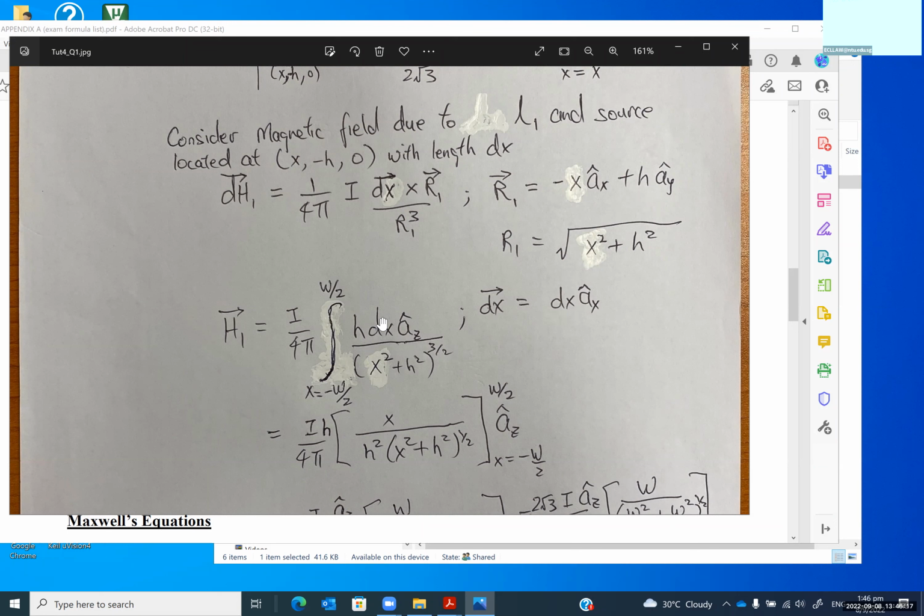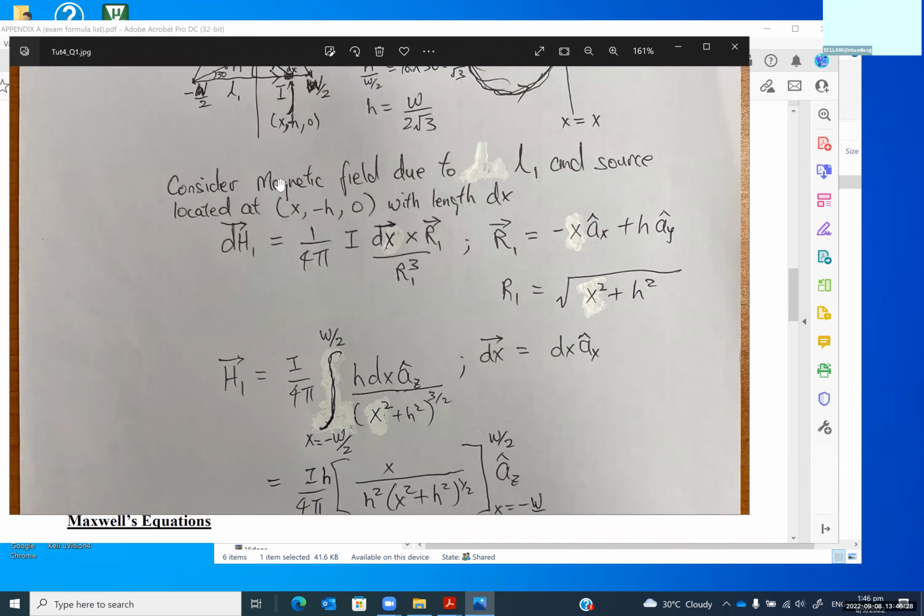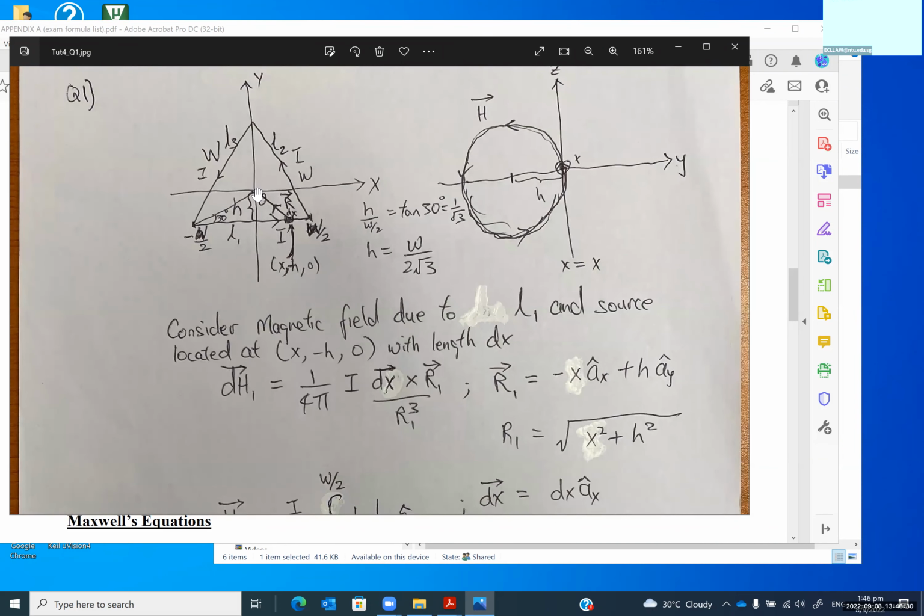The denominator is everything scalar, so we leave it there, and then 1/4 pi also. So that is only the H produced at the field point due to this small section of the wire. So you have to sum them up, from the small section starting from the leftmost all the way to the rightmost.